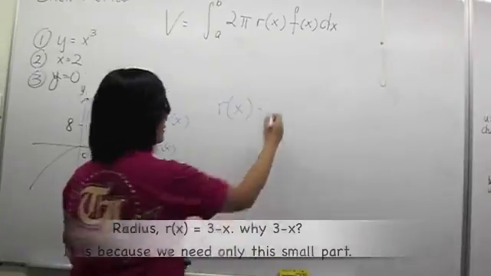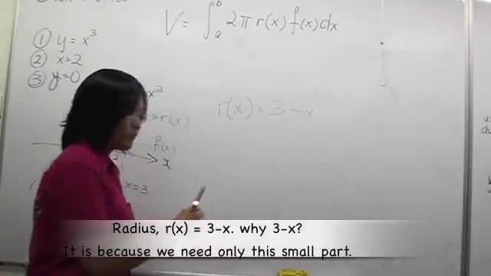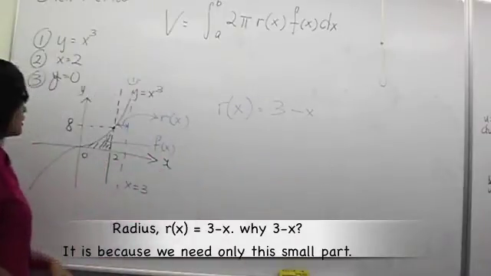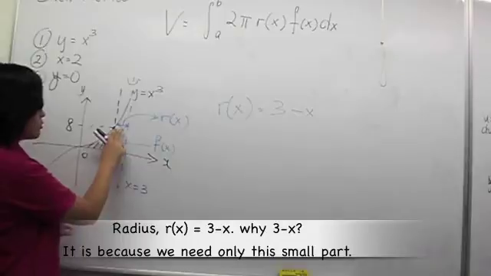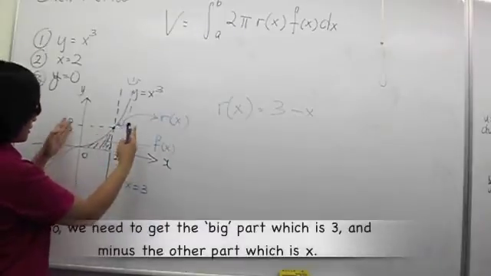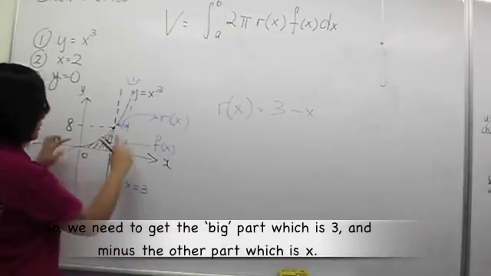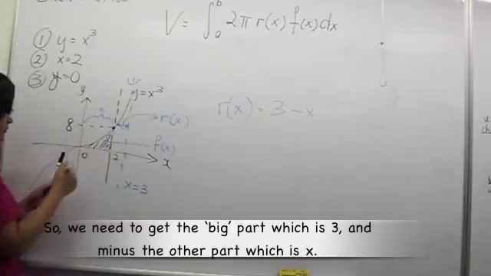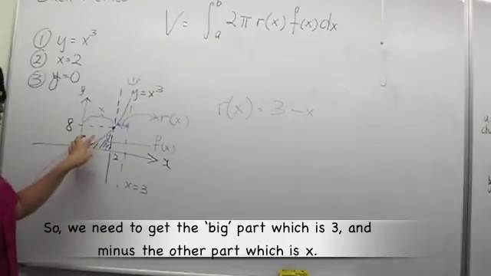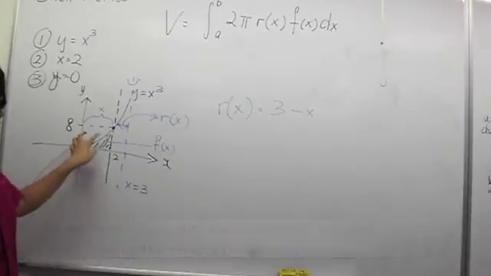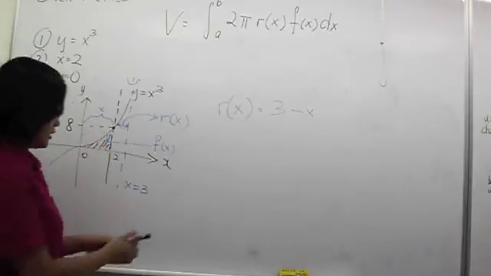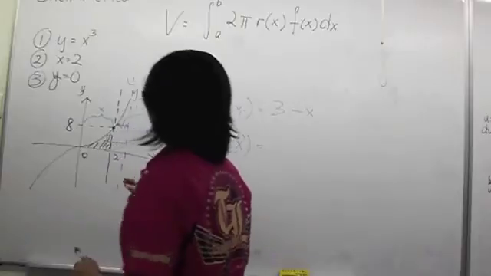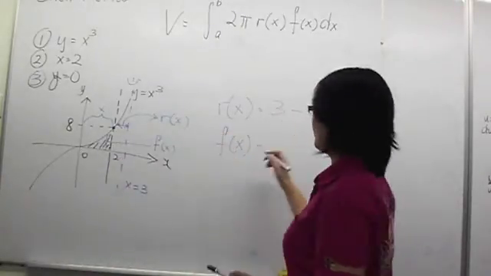R(x) is 3 minus x. The reason the radius is 3 minus x is because now we need only this small part. This big part is 3. This part is x. Because they all depend on the value of x, in this point, any point as well. And for the function, it's going to be x cubed.